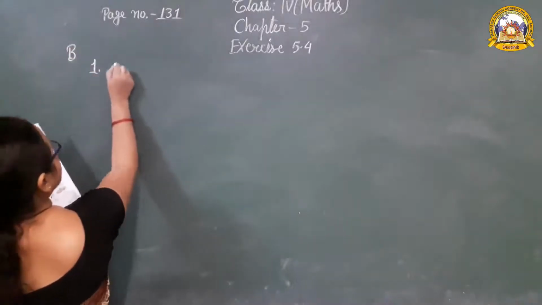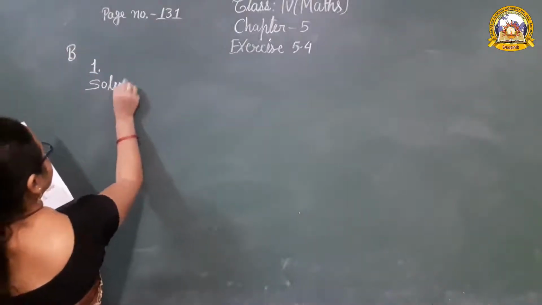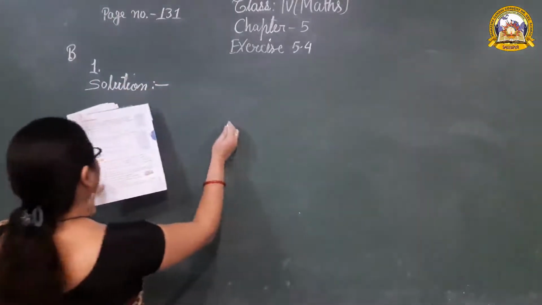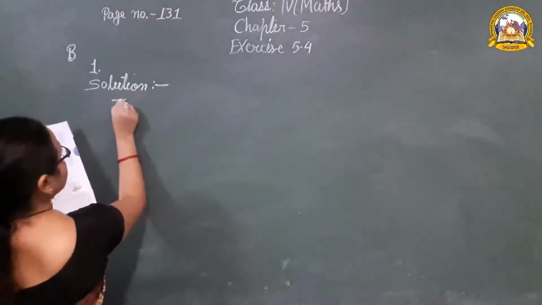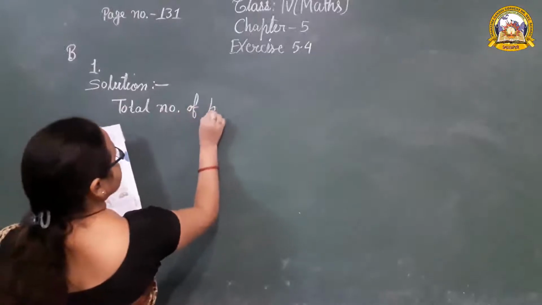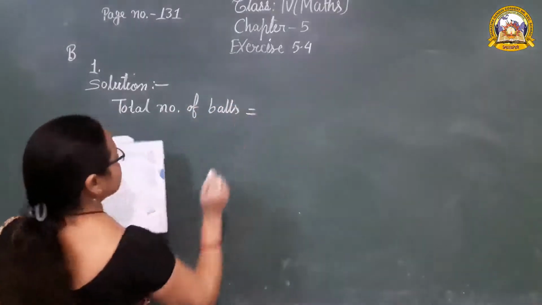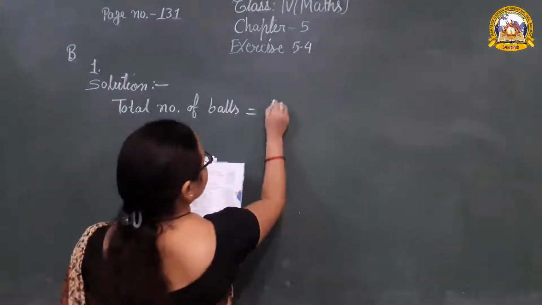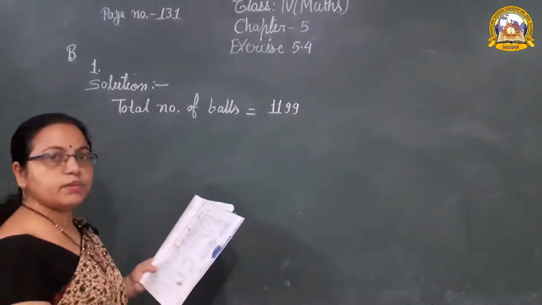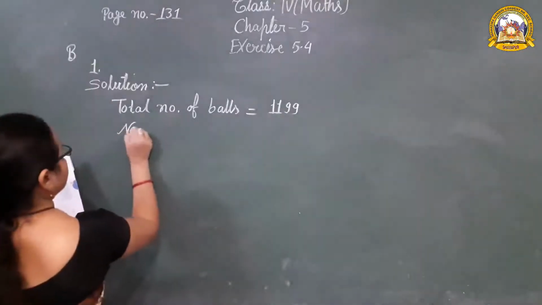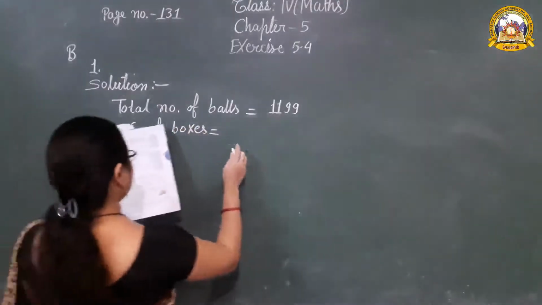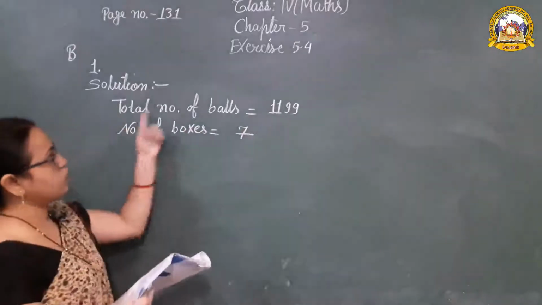Question number 1, solution. First we write the total number of balls. What is the total number of balls? 1199. Okay, and number of boxes? Number of boxes is equal to 7.